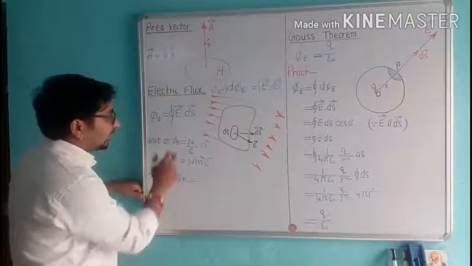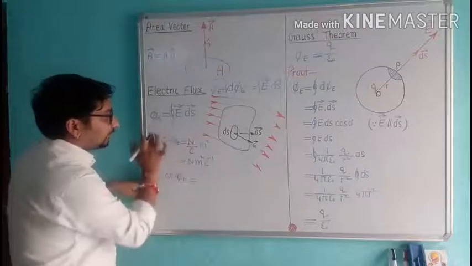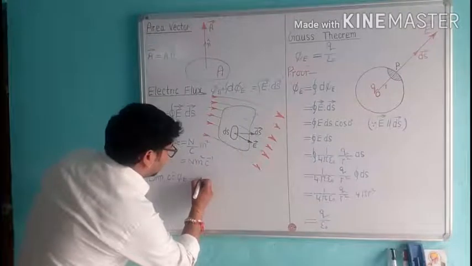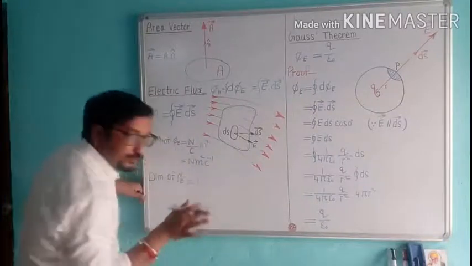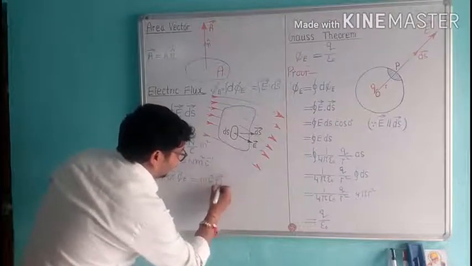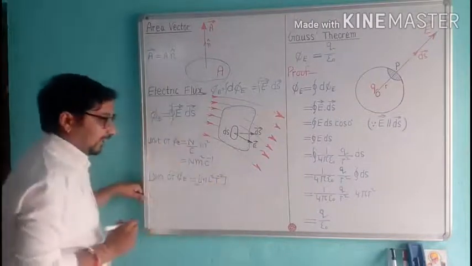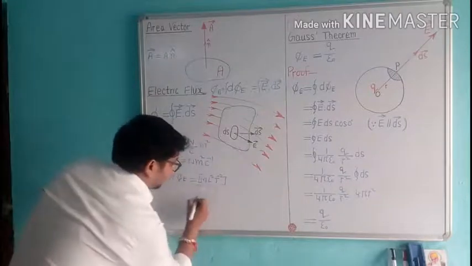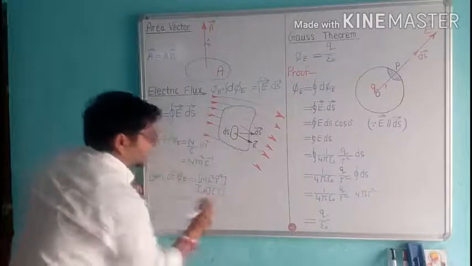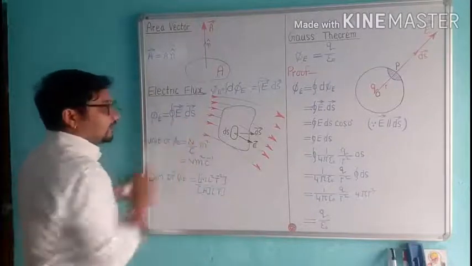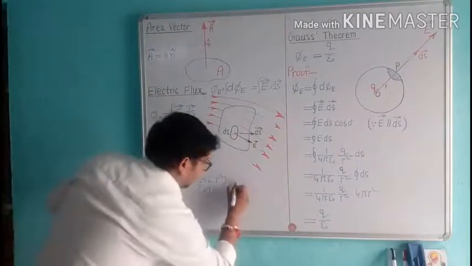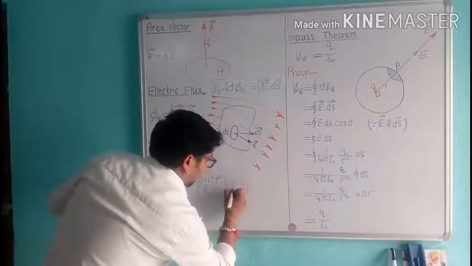The dimension of E: E is F upon Q, where the dimension of F is M L T to the power minus 2, and the dimension of Q, using the formula Q is equal to I T, is A T. And the dimension of ds, since ds is an area element, is L square.